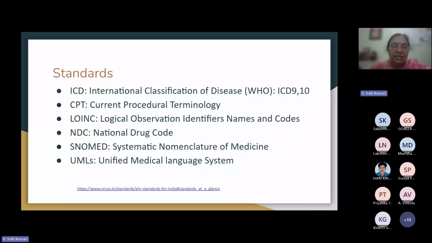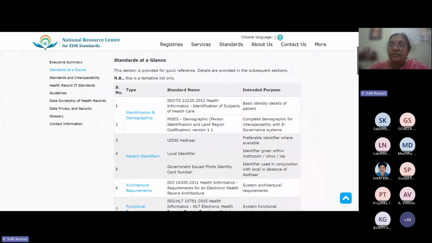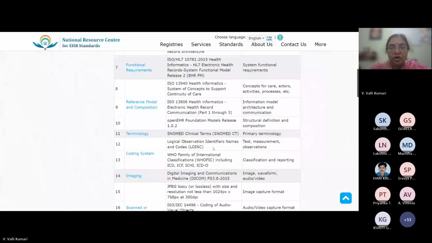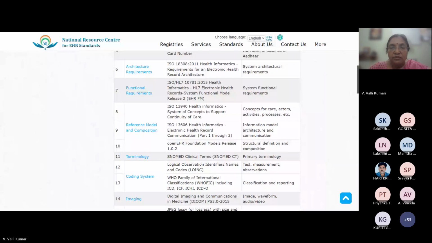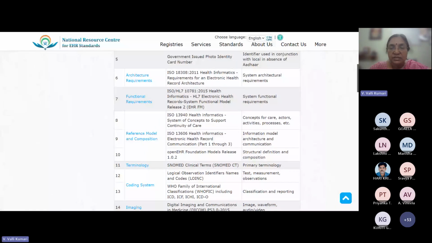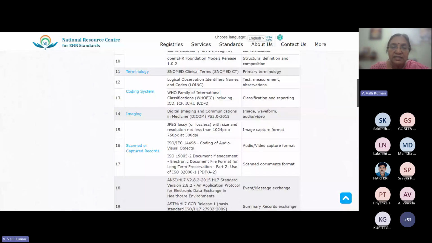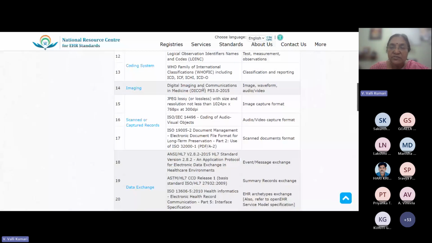When it comes to Indian health related standards, you have this term. You can look at the website of the National Resource Center for EHR Standards. All the information is given: this is about SNOMED, this is about LOINC, this is about ICDs and all those. Then the DICOM standards are for imaging, images, waveforms, audio, video.